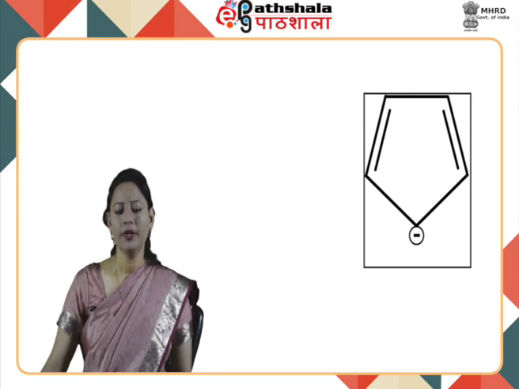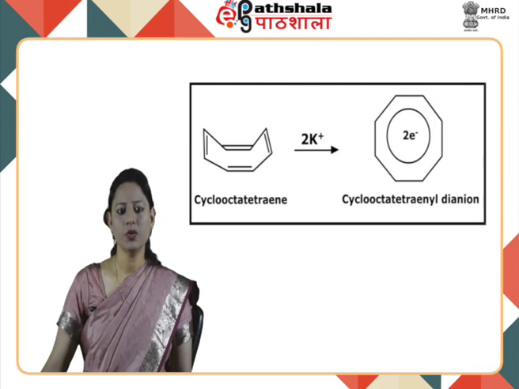It has a pKa value of 16 and the anion is stabilized by aromatization. Cyclooctatetraene on reaction with potassium gets converted to the cyclooctatetraenyl dianion potassium salt. Now, this potassium salt is a 10 pi electron system which is stable due to aromaticity.